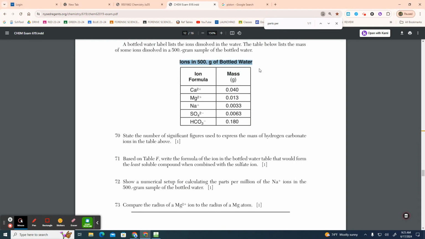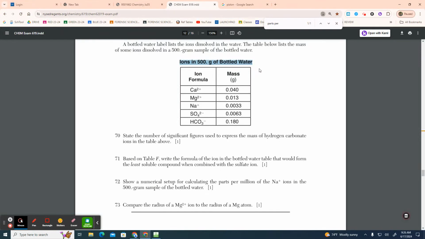That's the solution. If they said you had 0.0033 grams of sodium ions in 500 grams of water, then that wouldn't be the solution. It would be the solvent. The water would be the solvent. Do you see the difference?